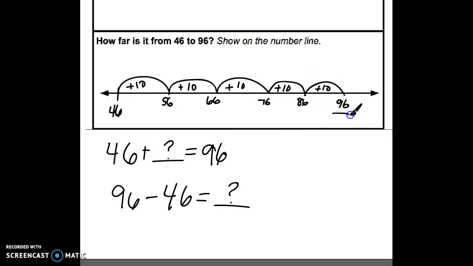So here's our ending. Here's our start. This is the change. 10, 20, 30, 40, 50. So how far is it from 46 to 96? It's 50. I'm going to show you how to do it using subtraction, this version, so you can see that it's pretty much the same.